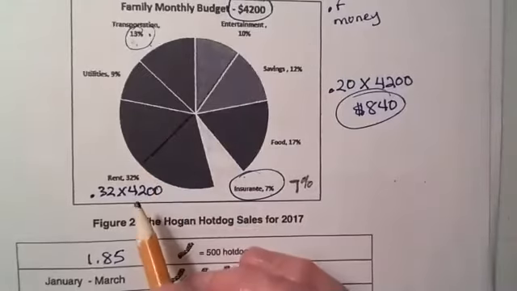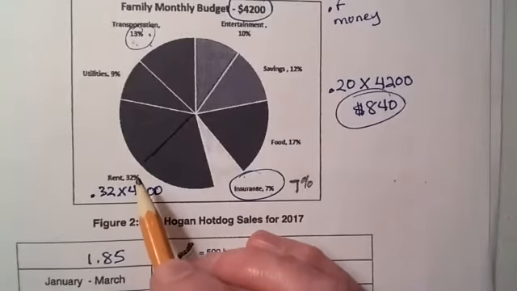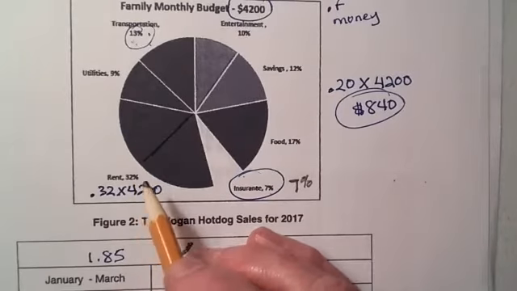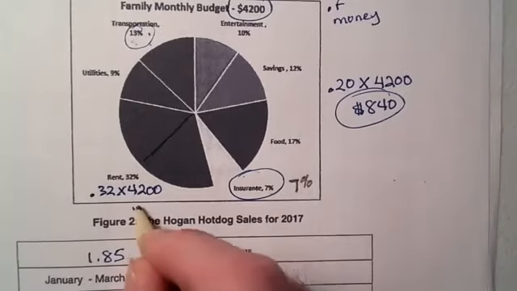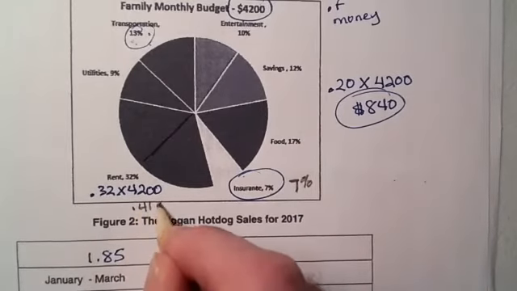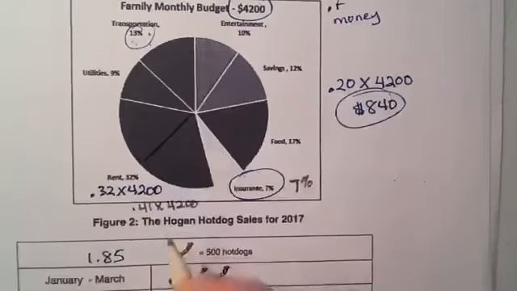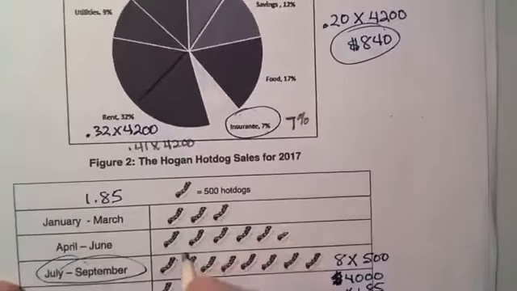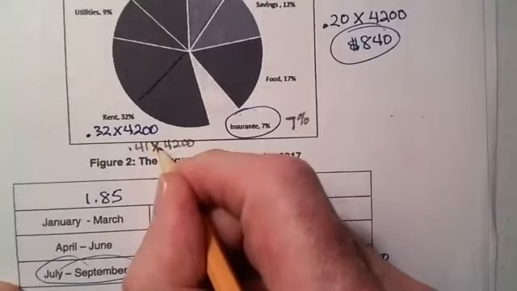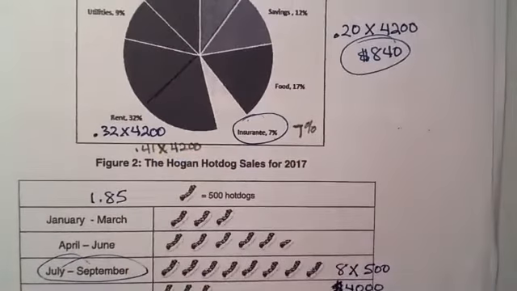So 32% plus 9% is 41%, which is 0.41 times 4,200. That's how I would figure out how much is spent on rent and utilities. I'm just illustrating that, and again, you have all of the answers for those types of questions.